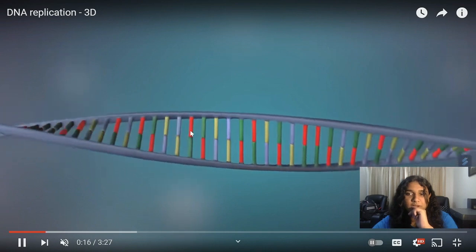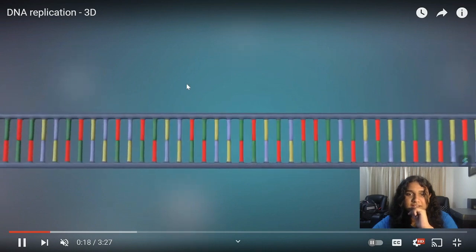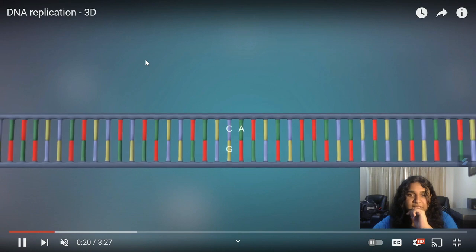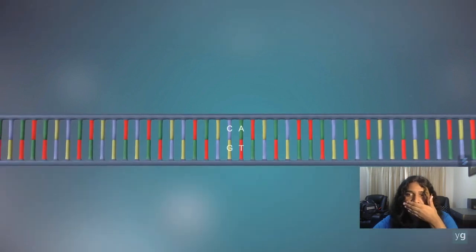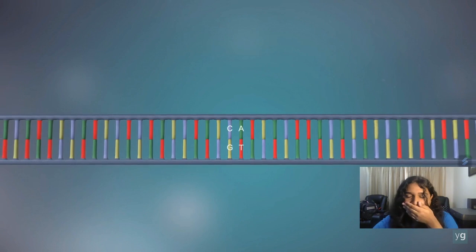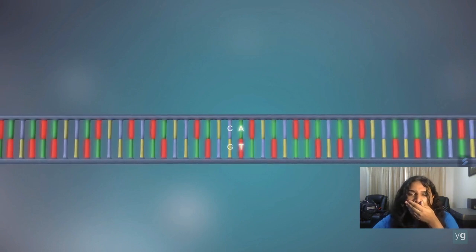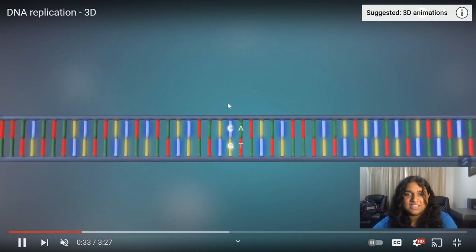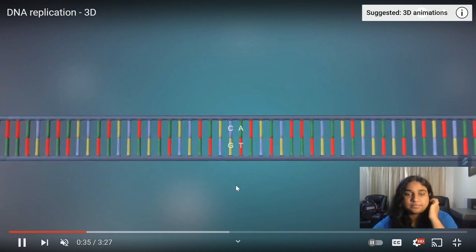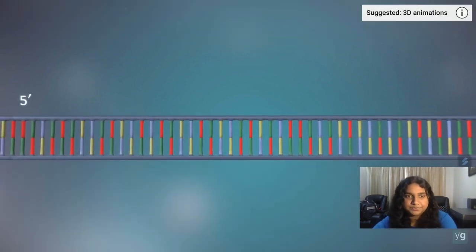It starts to unwind the double helix, and then helicase will start to come in and unwrap the strand. Sorry, here they're just talking about how adenine bonds to thymine, cytosine bonds to guanine.